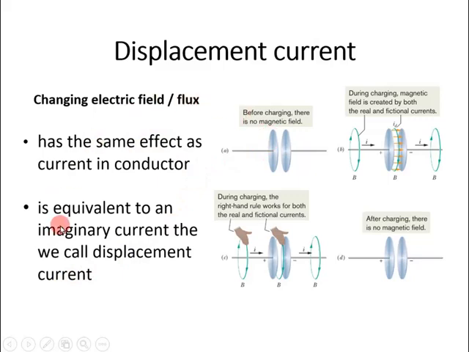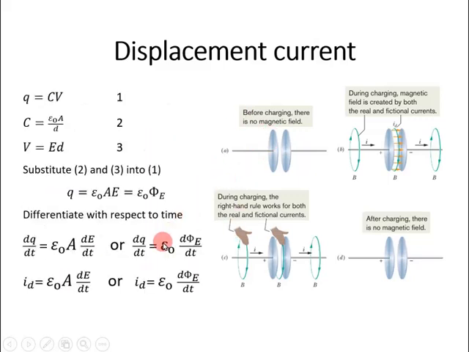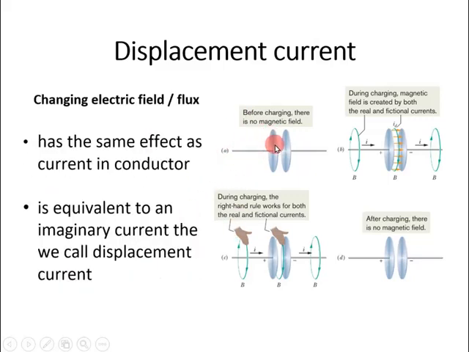So, in short, we are saying that there is an unseen current that is flowing between the gap of the capacitor, and it is due to the increasing or decreasing of the electric field. So a changing electric field now creates a magnetic field. That's the important thing that we need to keep in mind, and we are going to live on this one.